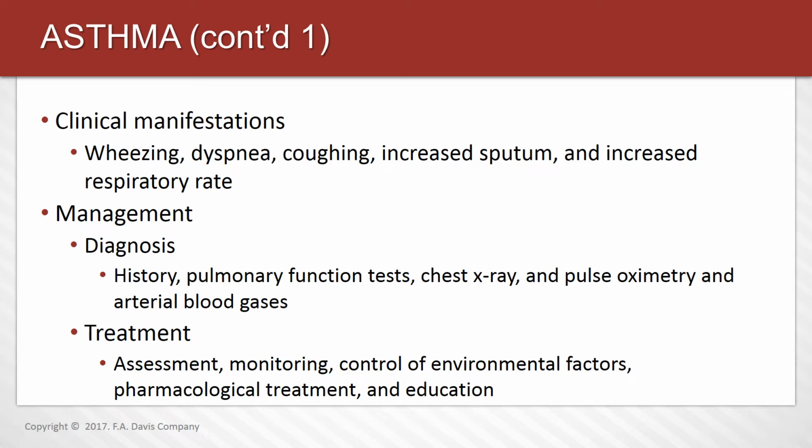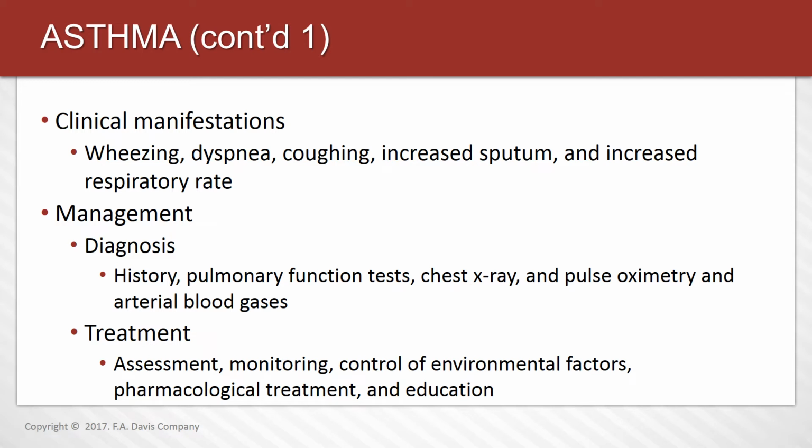You can do the peak flow and leave medication at home, so that the patient can monitor and see if their condition is actually worse at home. It's zoned into different colors: green, yellow, and red, and that helps them identify if they fall in the safe zone in green or in the yellow zone.